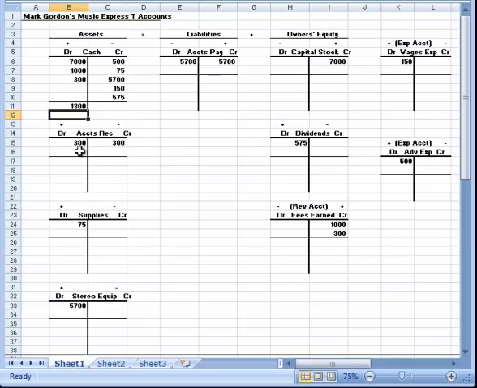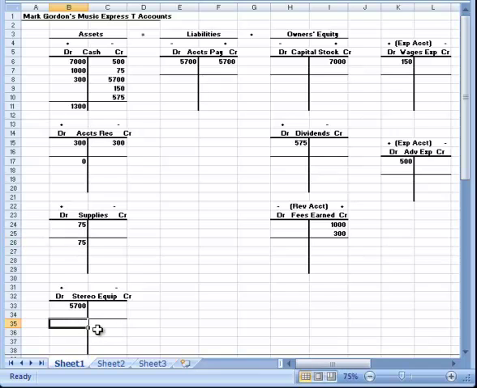Accounts receivable has 300 on both sides, therefore the balance is zero. When the balance is zero on a T account, we express that zero on the normal balance side. And since accounts receivable is an asset account increased with a debit, then that would be the normal side. Supplies has just the one number, so that was an easy one, $75.